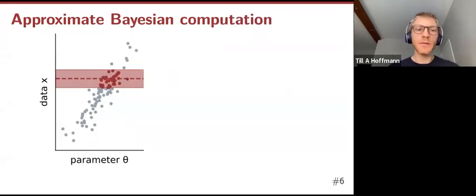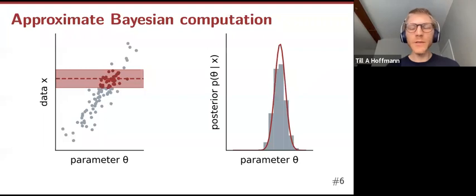Here's an example. The parameters are very well identified by the data. On the horizontal, we've got this parameter. On the vertical, we've got the data we generated. And the horizontal dashed line is our observation. If we pick some band around the observation and say the points that are within the threshold we'll pick as posterior samples, then on the right, we'll have the posterior distribution.